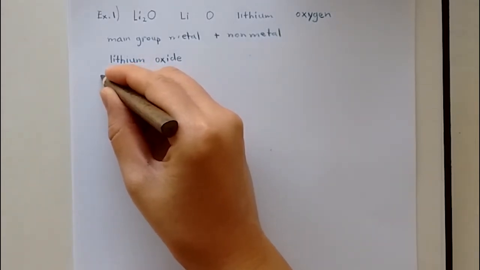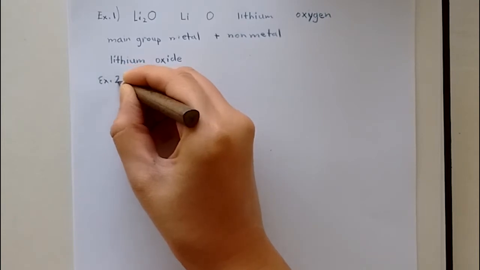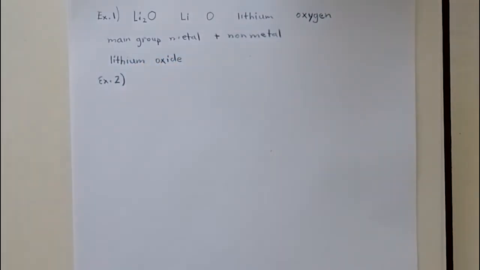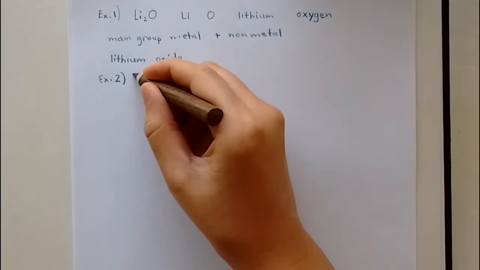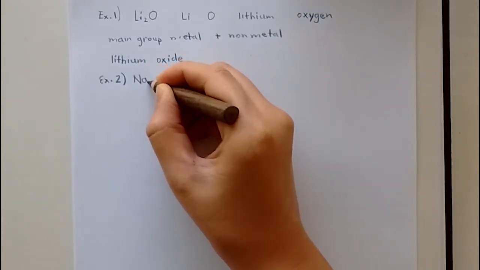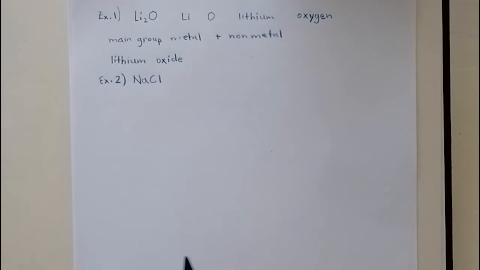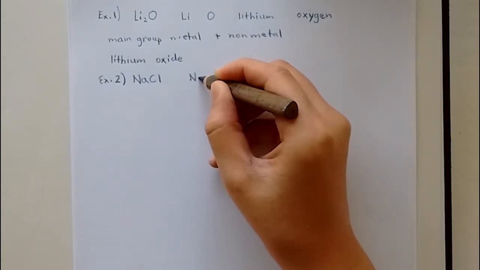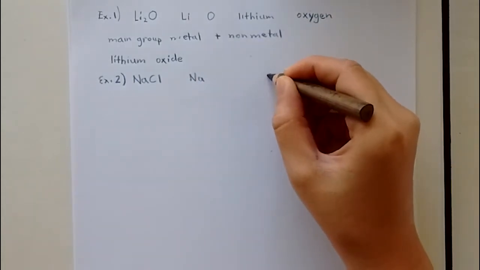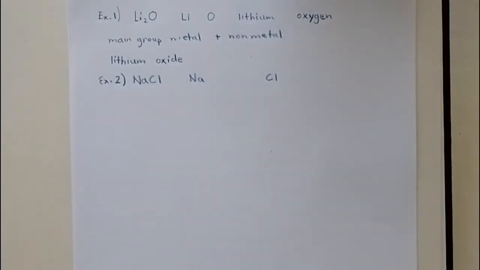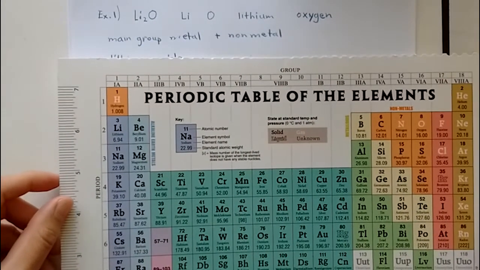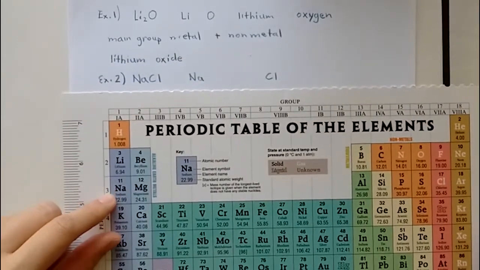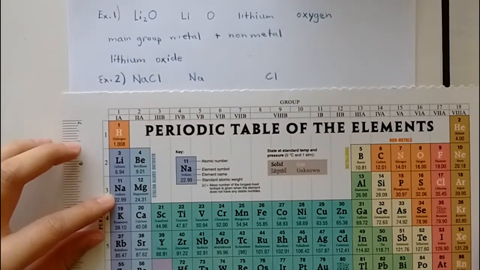Okay, so for our second example, as we did with the first example, we need to identify which elements we are dealing with. We have Na and we have Cl. And as you can see here, we have another main group metal plus a nonmetal.